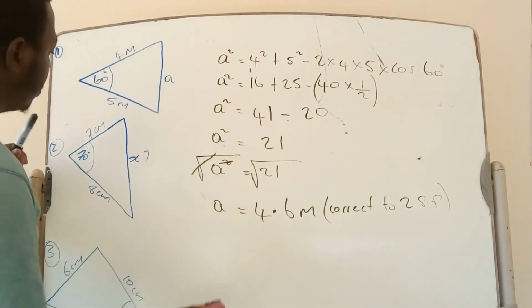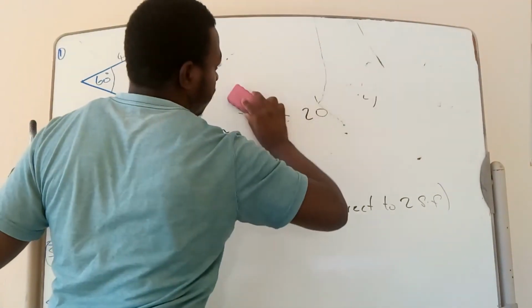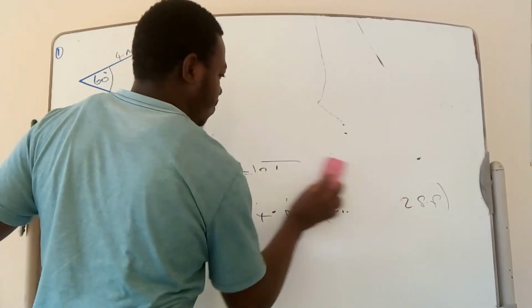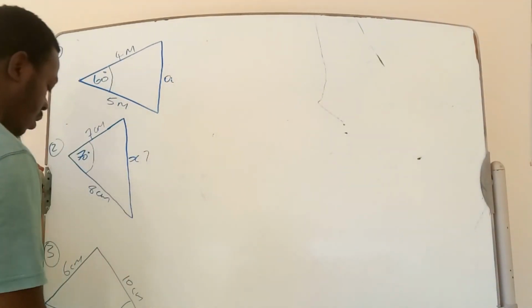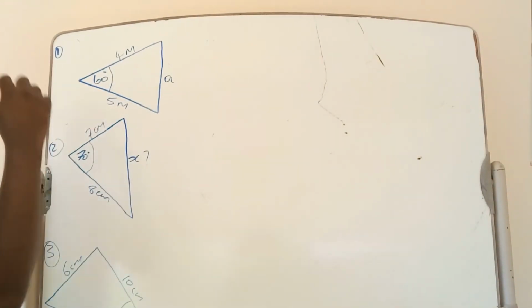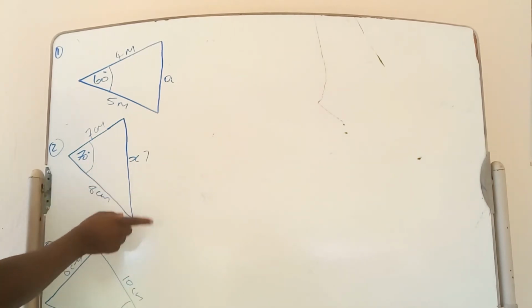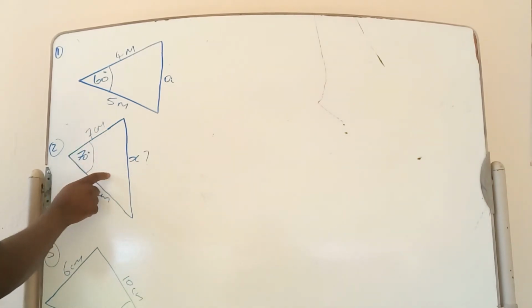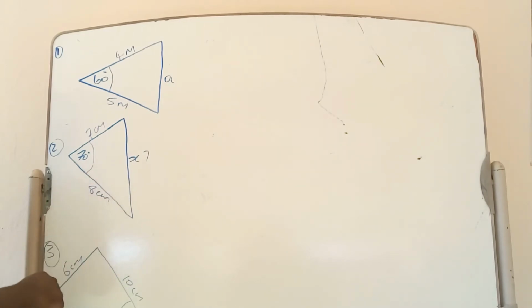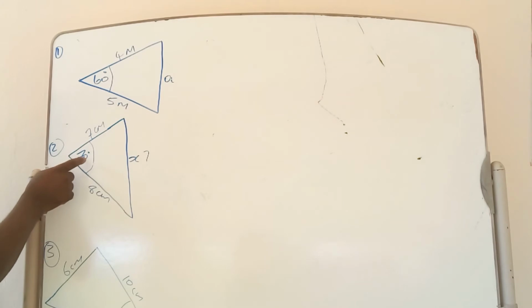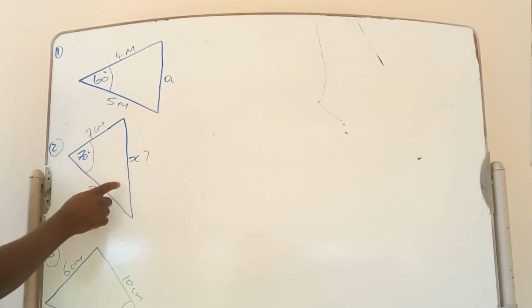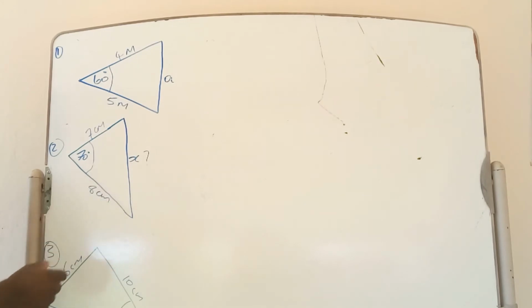Let's look at the second one. Again, note that the cosine rule is only applied to non-right angle triangles. Is this triangle non-right angle? Yes. It is also used when you are given two lengths and an angle between them. Do we have two lengths and an angle between them? Yes. So we can apply the cosine rule to this question.